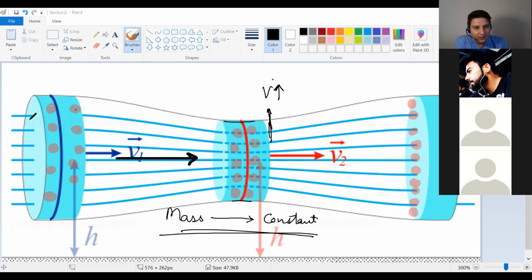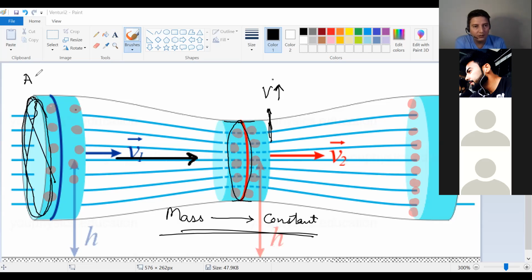Okay. This part of the pipe here, we call this cross-sectional area. So we'll denote it by A, letter A. So this is also cross-sectional area. So Akshay, which one is bigger? This one or that one? Left side one is bigger.